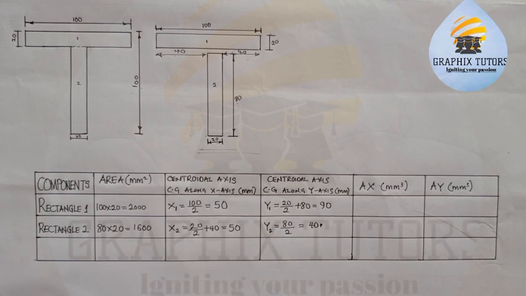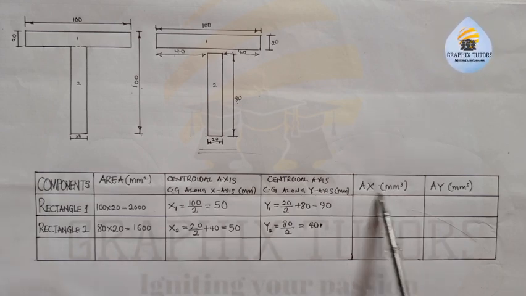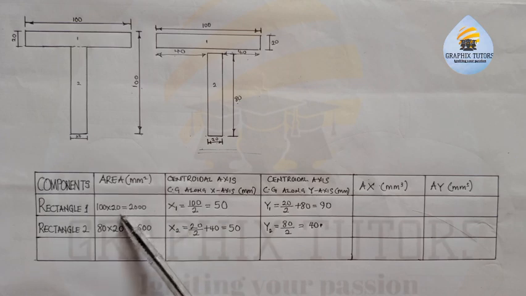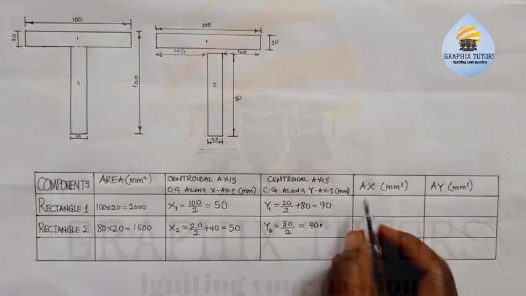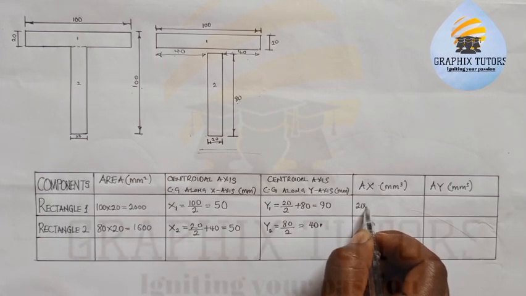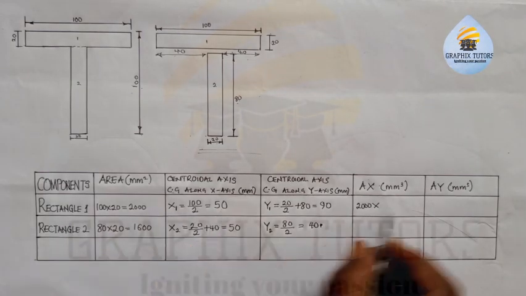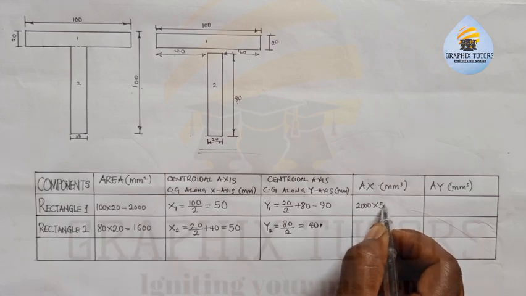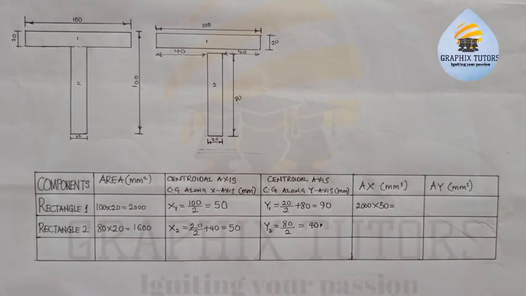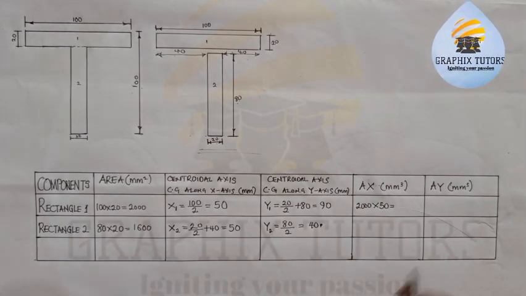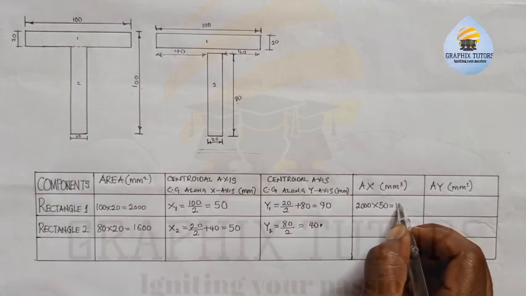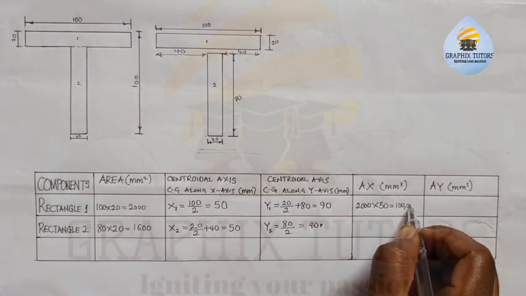Now the next thing is I'll multiply the area and the distance along x. So this area here is 2000, multiplied by the distance of figure 1, which is 50, and that's going to give us 100,000.